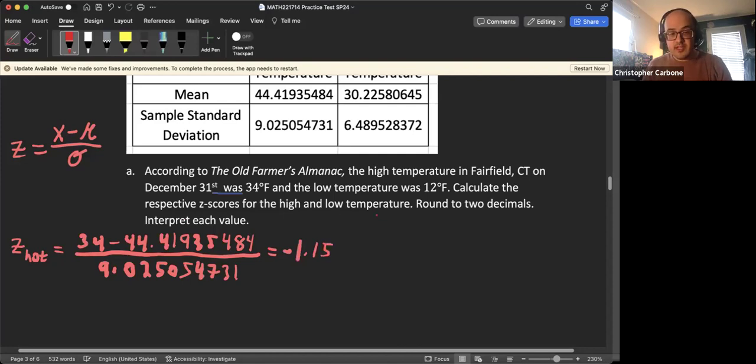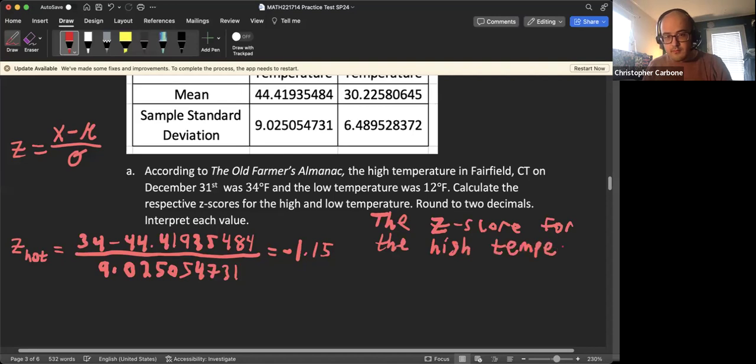So the z-score for the high temperature is negative 1.15.